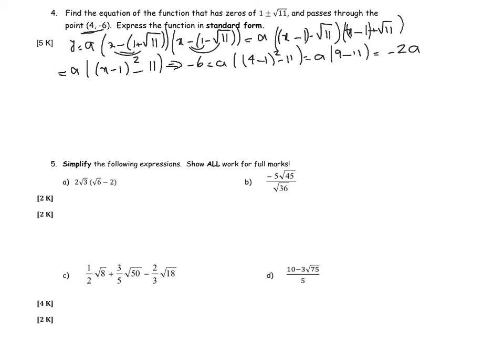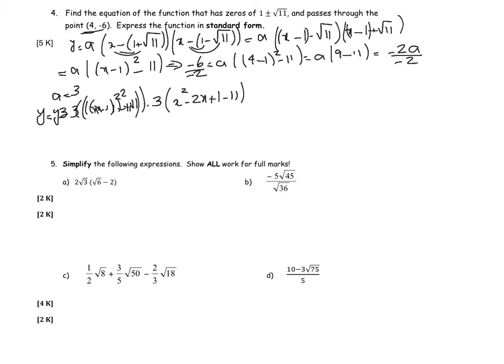Negative 2a is negative 6. I divide by negative 2 on both sides. I get a is equal to 3. So the equation becomes y is equal to 3 times x minus 1 squared minus 11, which is the same as 3 times x squared minus 2x plus 1 minus 11, which is 3 times x squared minus 2x minus 10.